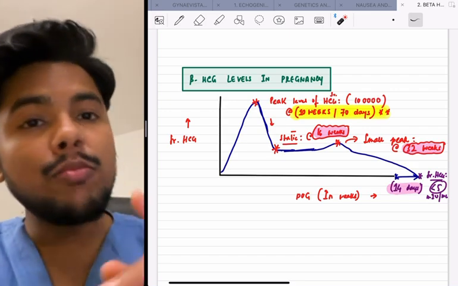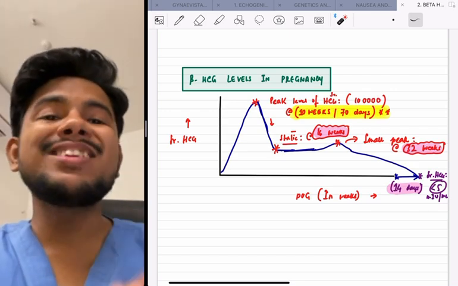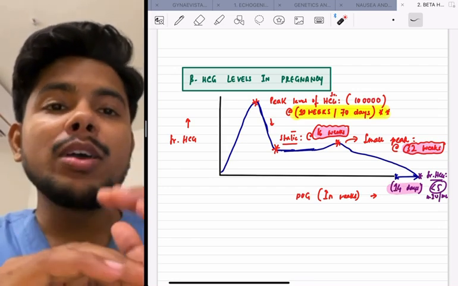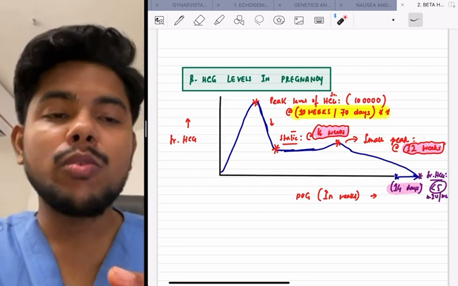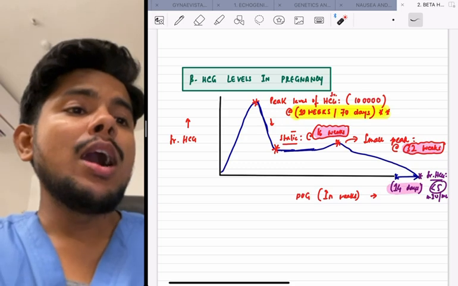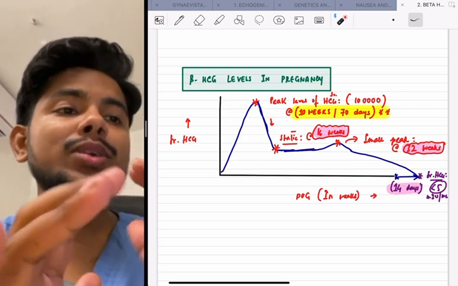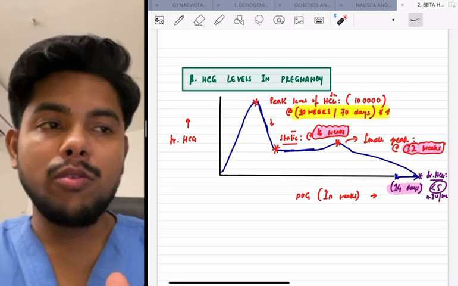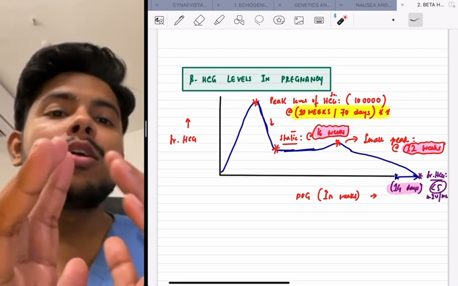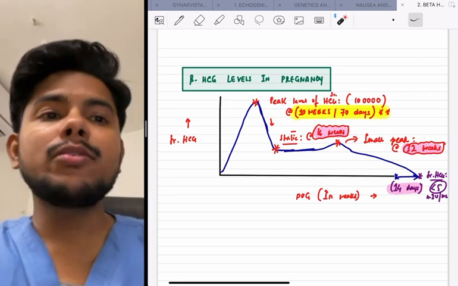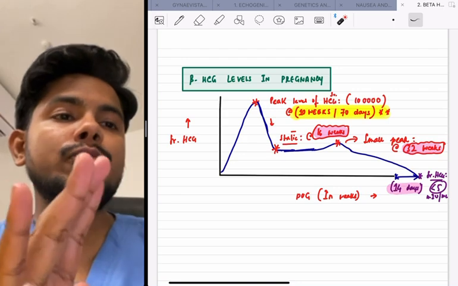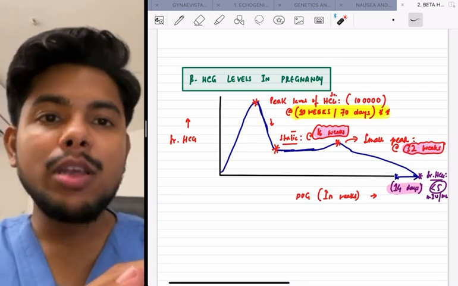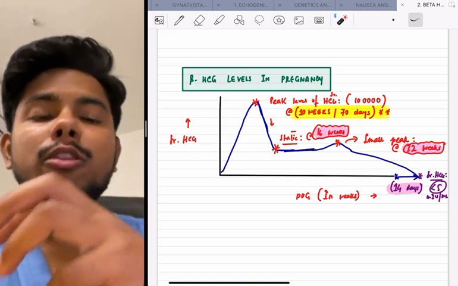Progesterone is the most important hormone which maintains uterine quiescence. It keeps the uterus relaxed. So we need a constant supply of progesterone for a successful maintenance of pregnancy. For the initial weeks we need progesterone, and it is supplied by the corpus luteum.